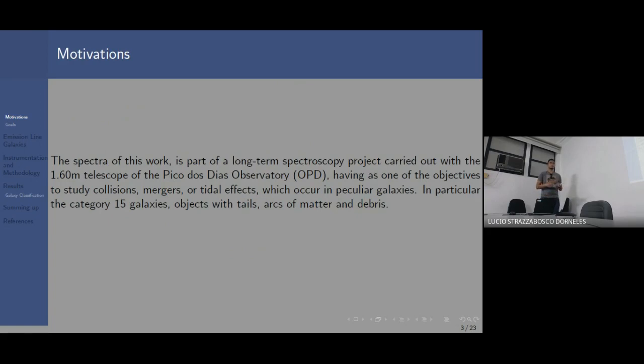The galaxies with jets, tails, debris, and other groups.